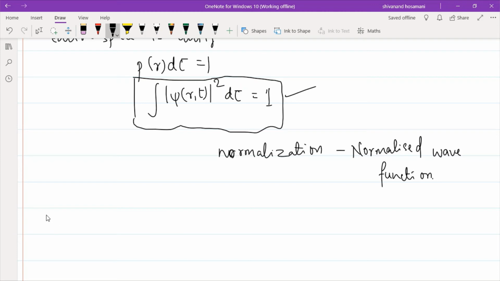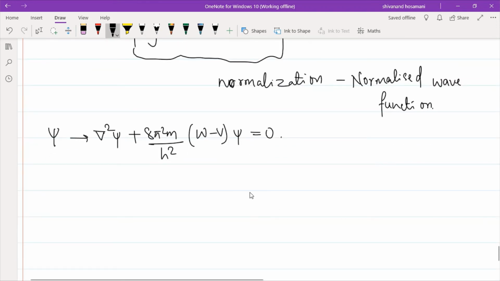As we know, any wave function psi satisfies the Schrodinger wave equation, that is del squared psi plus 8 pi squared m divided by h squared into (E minus V) psi is equal to 0. So the wave function will satisfy this equation.